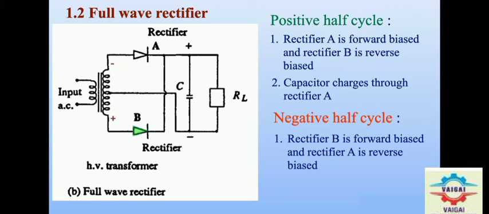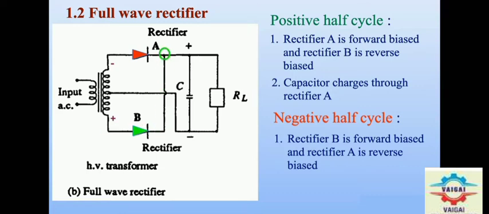Therefore, diode B is forward biased and diode A is reverse biased. Now the current will flow via the plus terminal to B, via the load resistance, and to the transformer negative. This is the direction of the current flowing through the negative half cycle, represented by the green symbol.